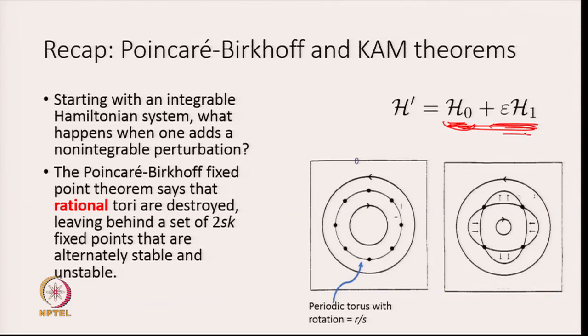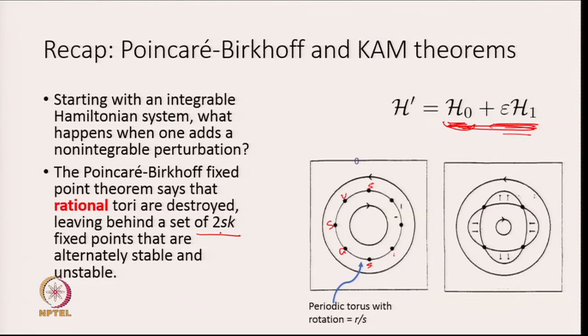What it says is that these rational tori are destroyed and they leave behind a set of 2sk fixed points, that is an even number of fixed points, alternately being stable and unstable.